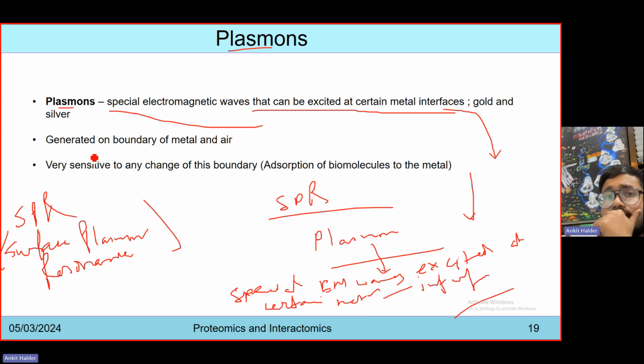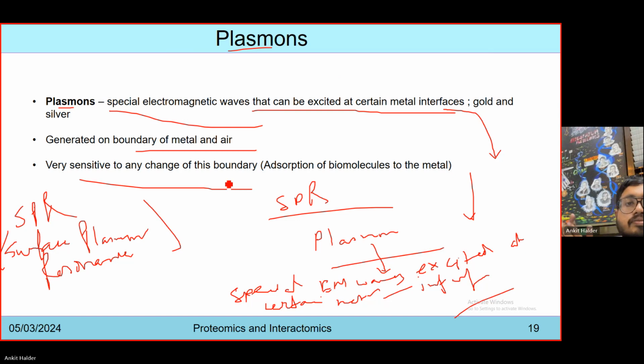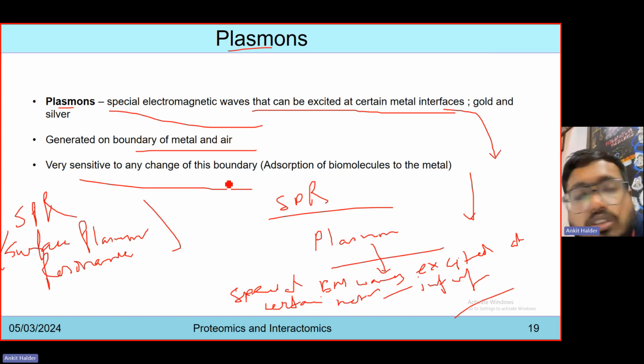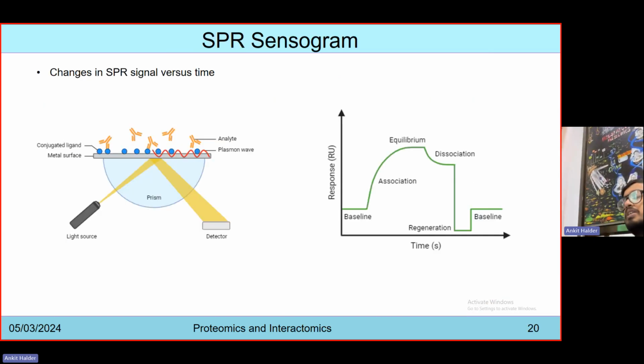So this is generated on the boundary of the metal and air, and it is very sensitive to change of this boundary of the metal and air, whichever material boundary is there. In this boundary, it is very much sensitive to any kind of change, and it leads to the adsorption of biomolecules to the metal.